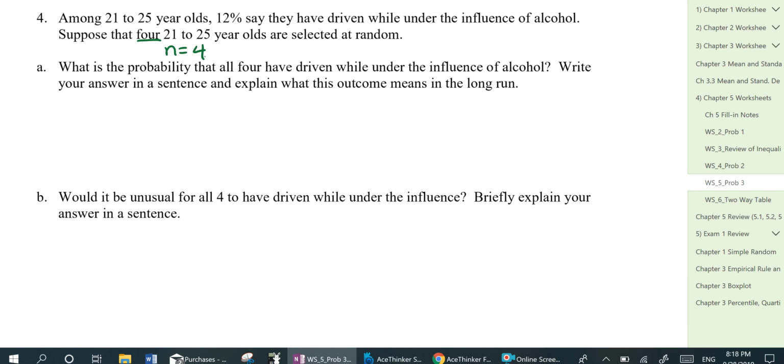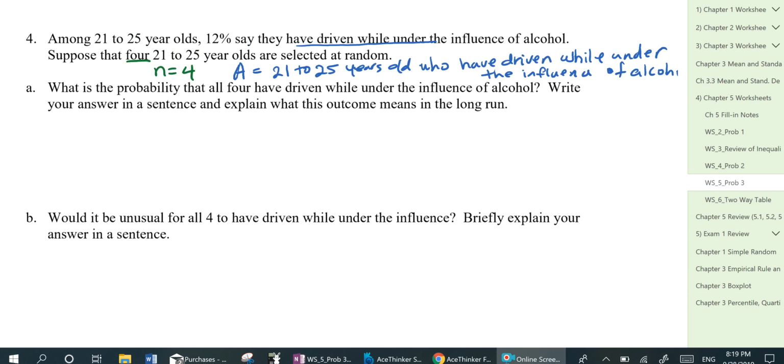So let's define the event. Let me denote my letter. Let A, the event A, represent the age group of people, 21 to 25 years old, who say that they have driven while under the influence of alcohol. It's important that you use notation to represent what we're trying to find here.